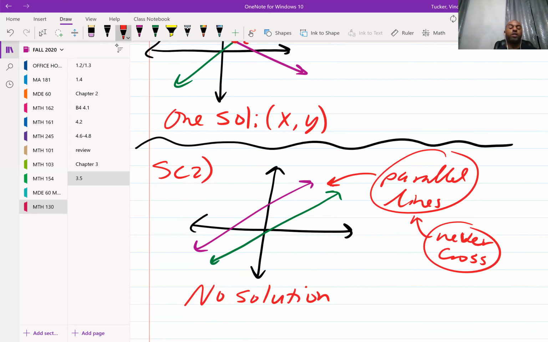All right, so the second scenario, you have parallel lines. The reason that is important is because parallel lines never cross. If when they cross you get one solution, then if they never cross, your answer is going to be no solution.